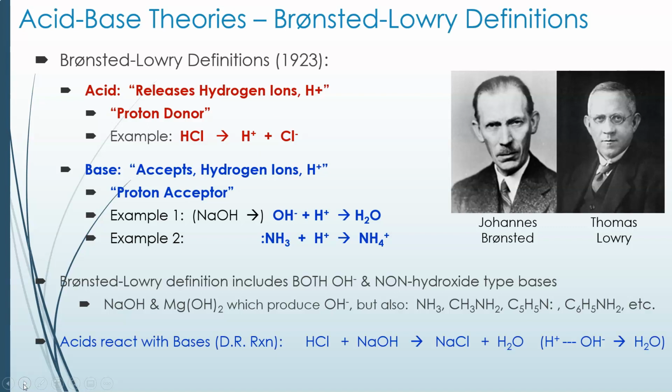But in any case, acids and bases can still interact like I showed you before with the Arrhenius acids and bases in a double replacement reaction, where an acid will react with a hydroxide base to produce some kind of salt and water. And that's what you'll always get with a hydroxide base. But it also includes other reactions of other types of bases, these non-hydroxide bases, where you end up with an anion and a cation, which in fact come together to become another salt.